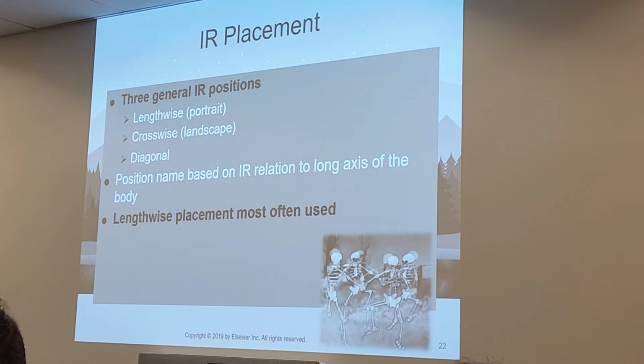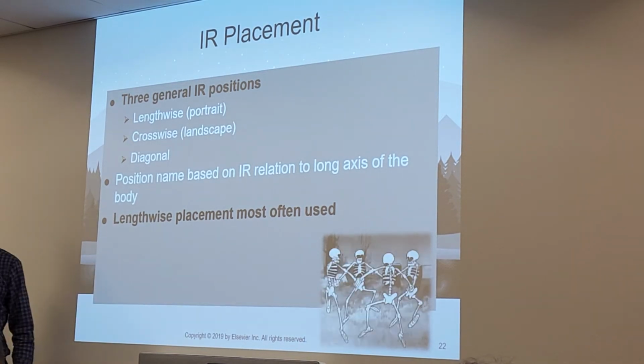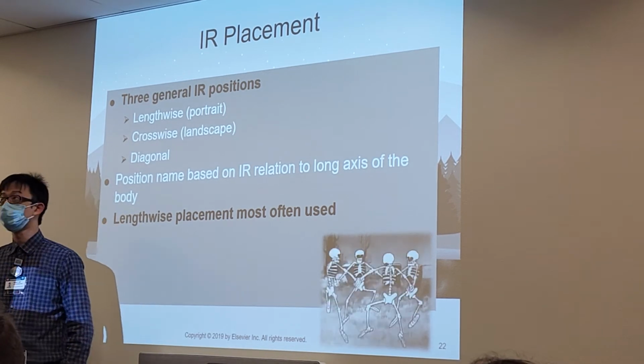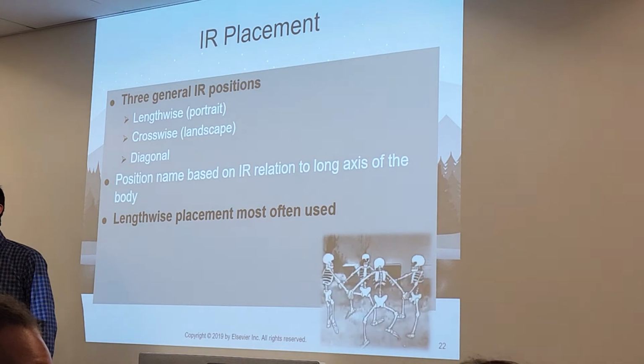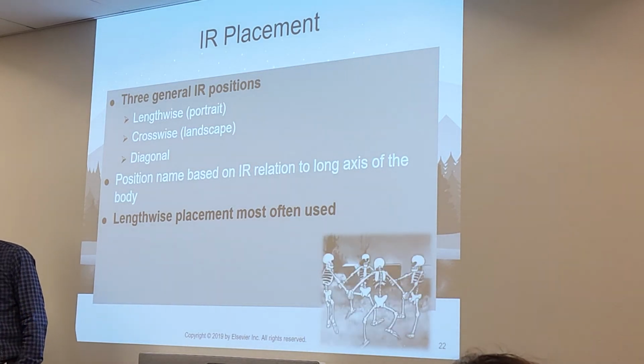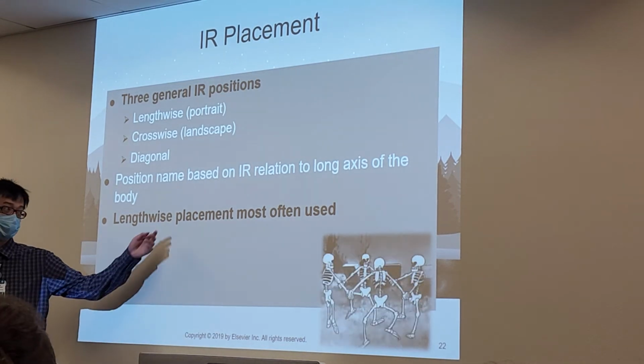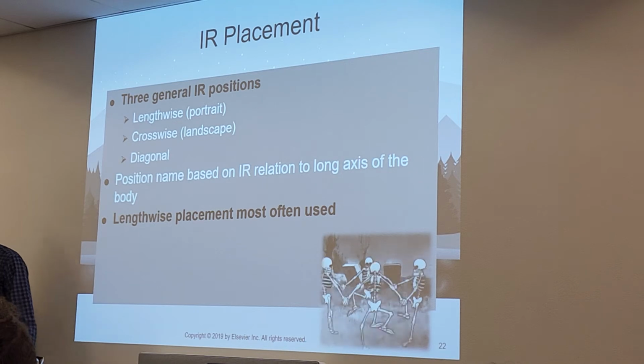So for like a rule of thumb, things that are more distal to the body are considered like portrait, typically. Distal being like digits or things that are far away. So yes, most extremities will end up being portrait. Most things in general will end up being portrait or lengthwise. Okay?